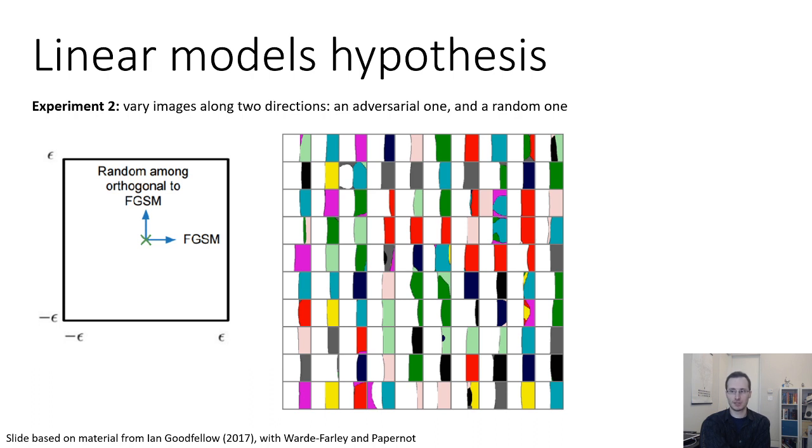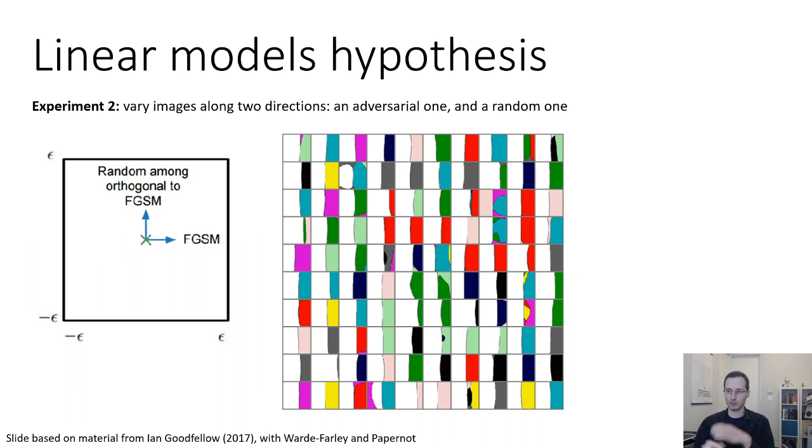So every box in that funny, colorful quilt on the right represents a different CIFAR10 image. And for each of those images, what they're plotting in each of those boxes is the classification outputted by a deep network as that image is varied along 2 directions.